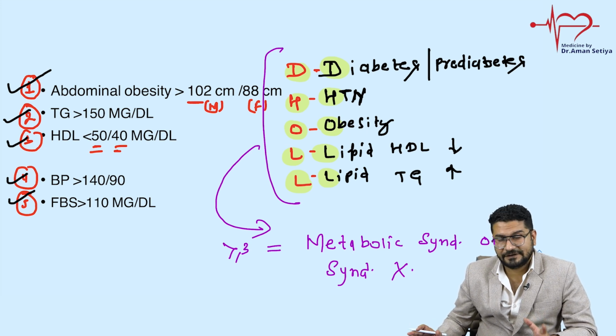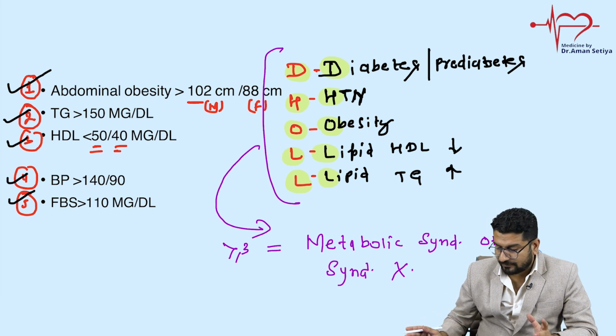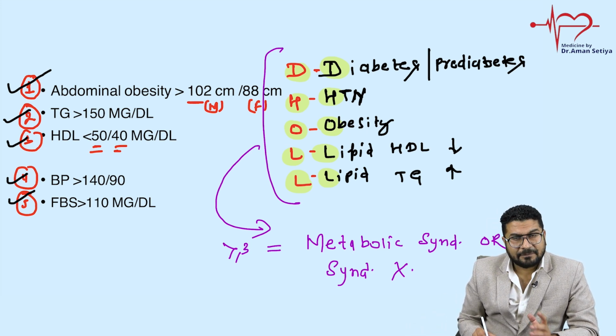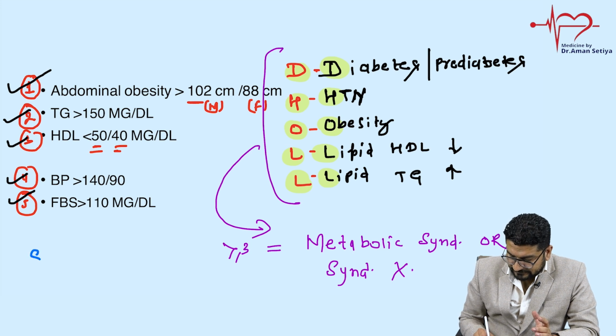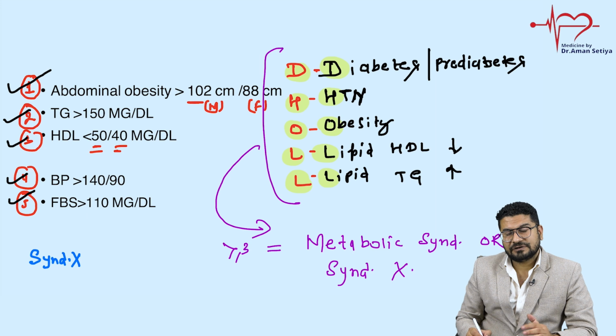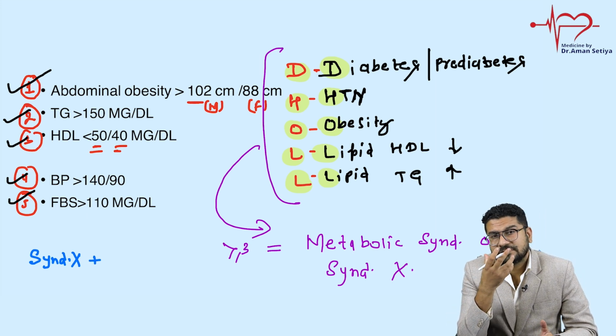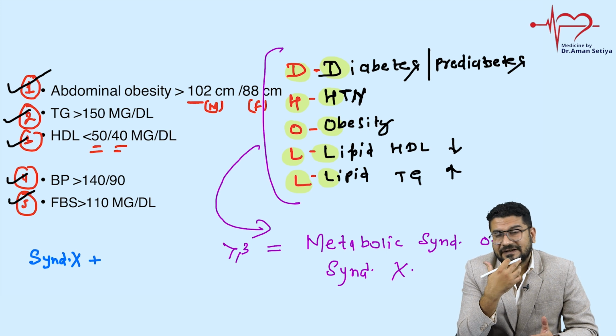I'm expecting questions in this attempt in INICET or FMG or NEET PG exam with this topic, metabolic syndrome. Now suppose you have a patient with metabolic syndrome, syndrome X, who is obese, has diabetes or pre-diabetes, and has cessation of breathing when sleeping.